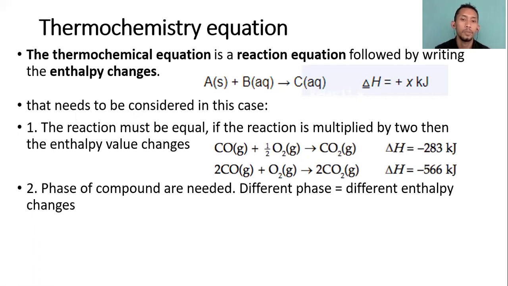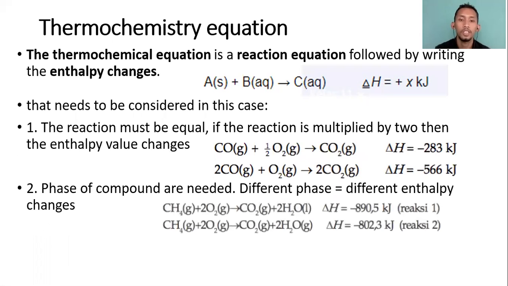Second is the phase. A different phase also gives a different enthalpy. If the reaction is the same and the coefficient is the same, but only the phase is different, the enthalpy is also different, so be careful.